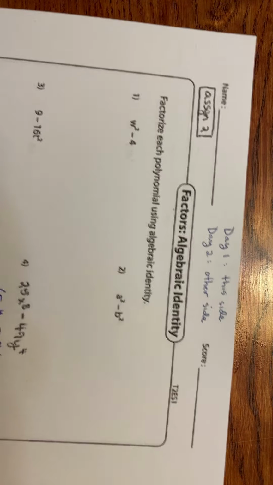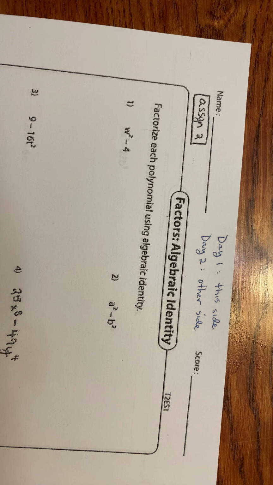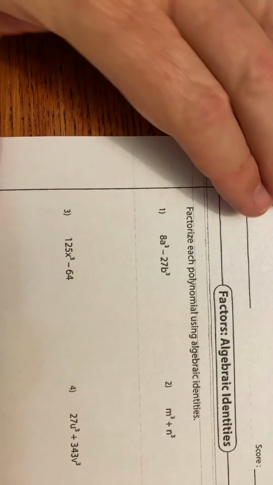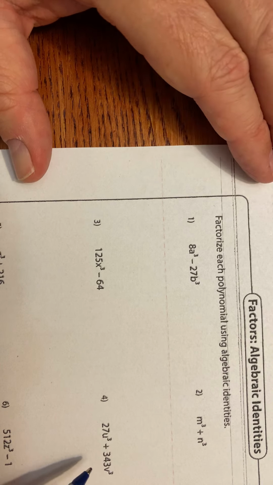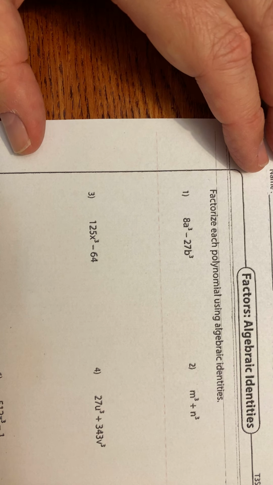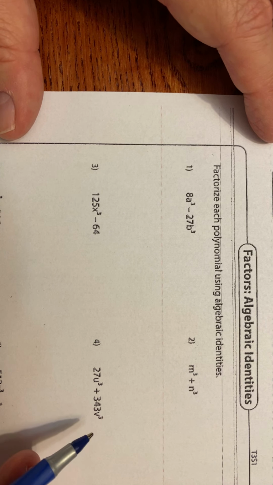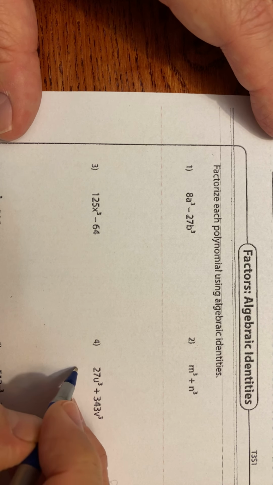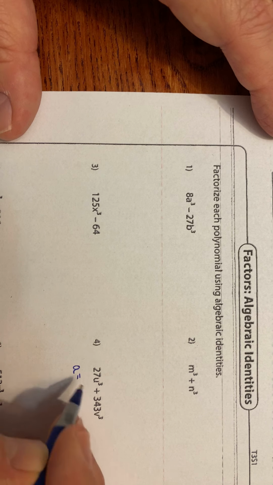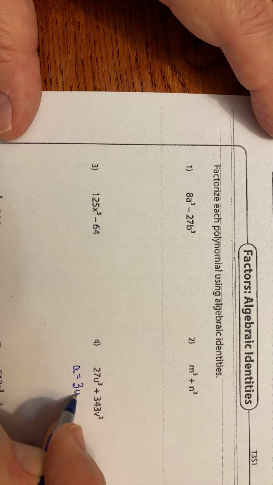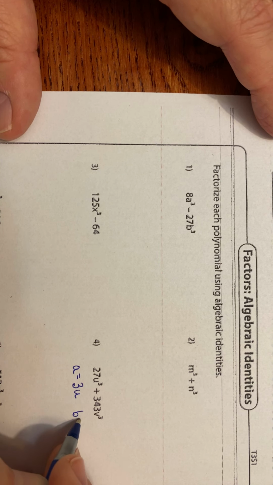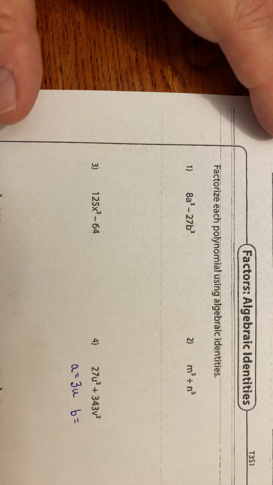On the other side, here, we'll start with this one here. If you don't have your list of perfect cubes, you should write them down. 27 and 343 are on there. The cubed root of 27, if you look at your list, it's the third one on the list. If you look at 343, it has to be an odd number. It ends in odd.